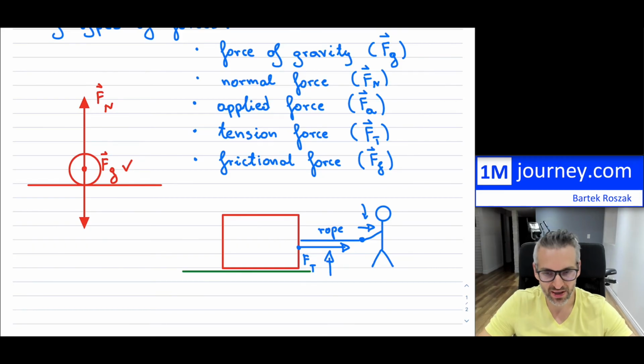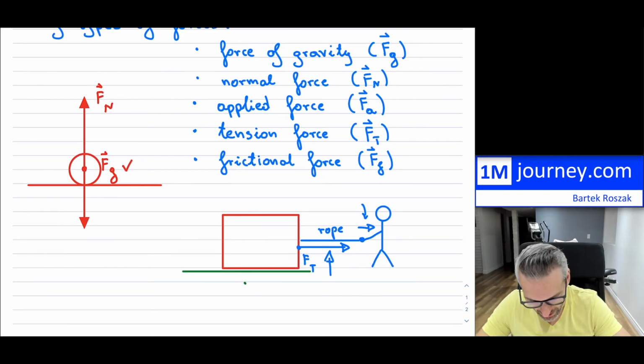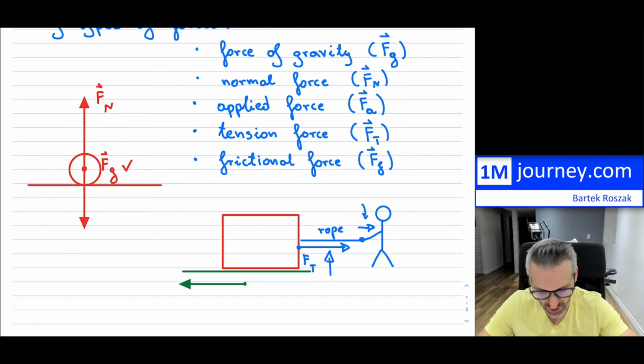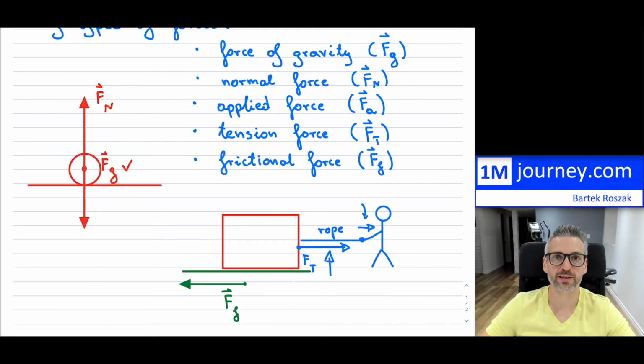And as you're pulling along, there is something happening in between the contact here between the box and the ground that is really resisting the pull, and it's trying to keep the box kind of steady there. And that would have been the force of friction that is trying to resist that motion.